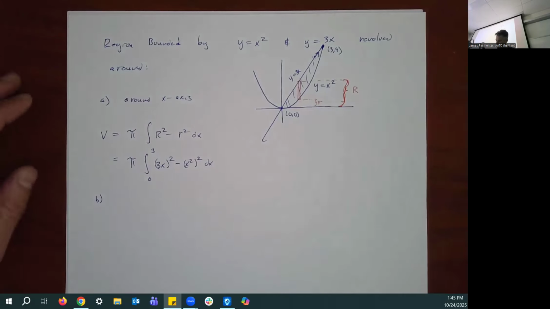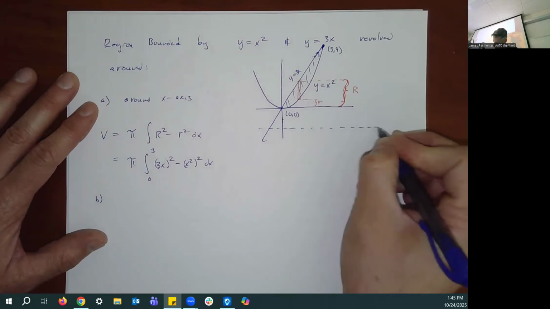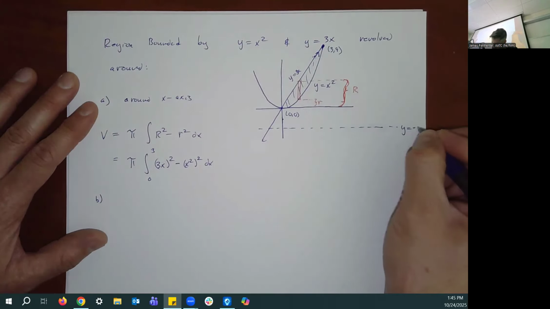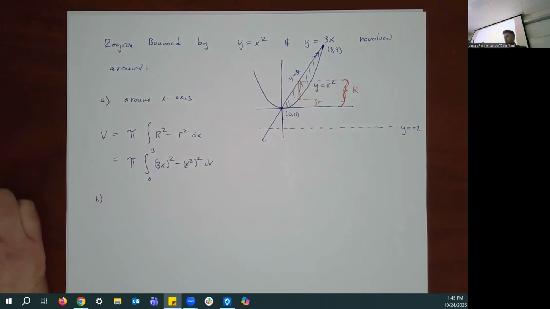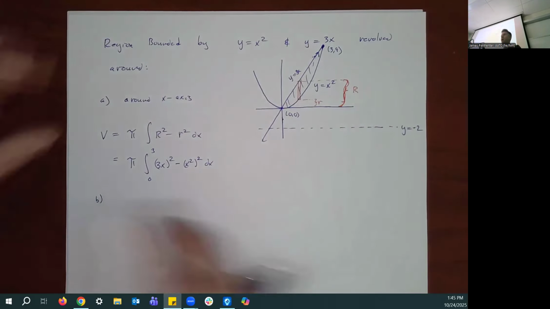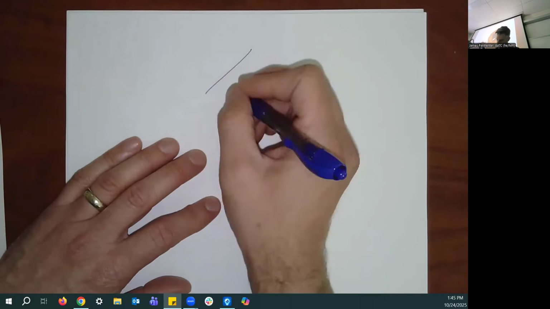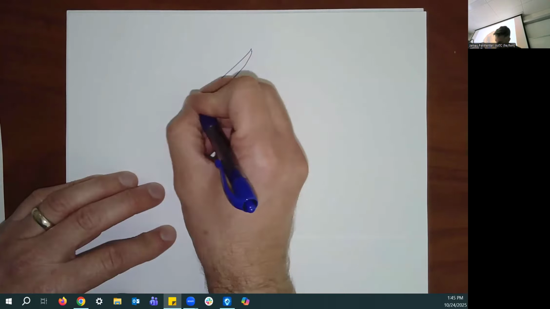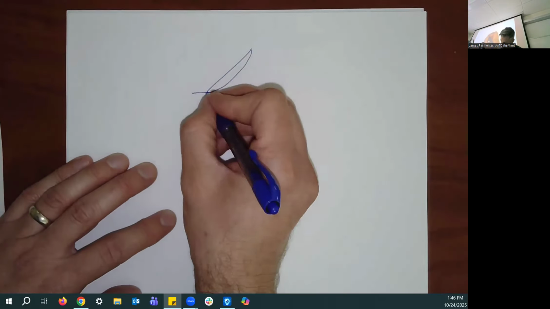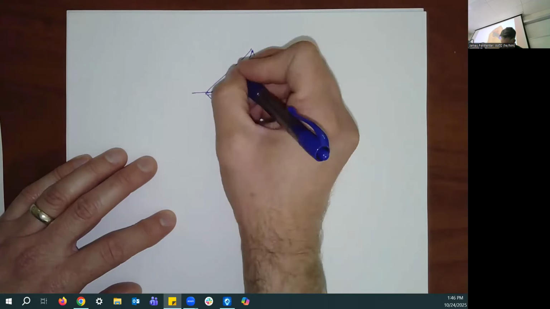So what if instead we wanted to revolve it around the horizontal line y equal to -2? The shape is going to look like, and I really don't want to draw this because I'm not good at it, but don't draw this because it's terrible. If I revolve that thing around the x-axis, it's going to look vaguely like this, with weird stuff going on in the middle.